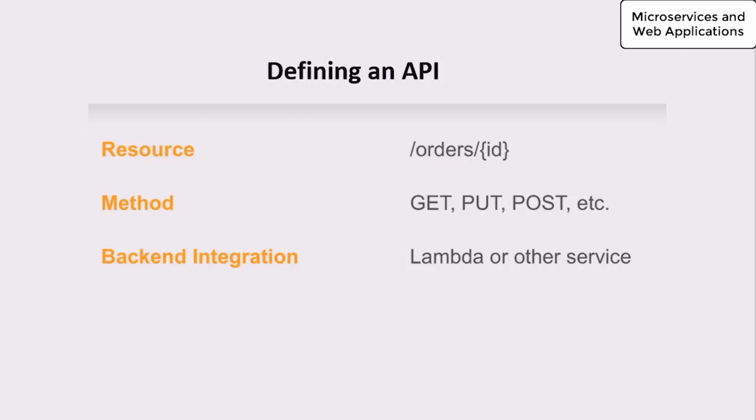Are you trying to fetch something, or post something or put something, etc. This method can be defined when we create the API. And then the backend integration, like where is the API call going? Is it triggering a Lambda function, or some other service? Basically in this demo we'll be using this to trigger the Lambda function to perform some activities.